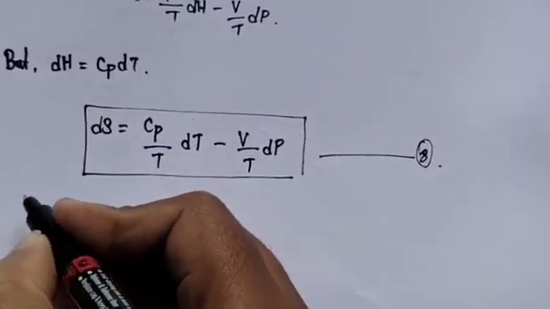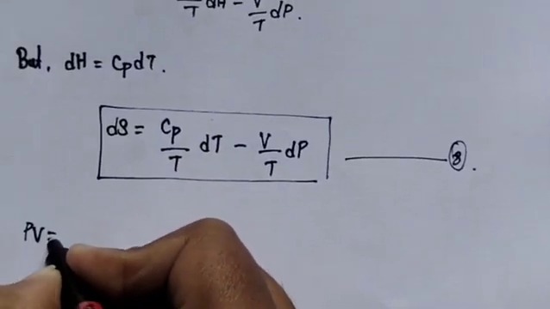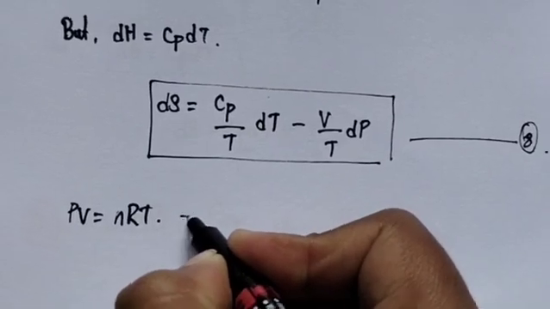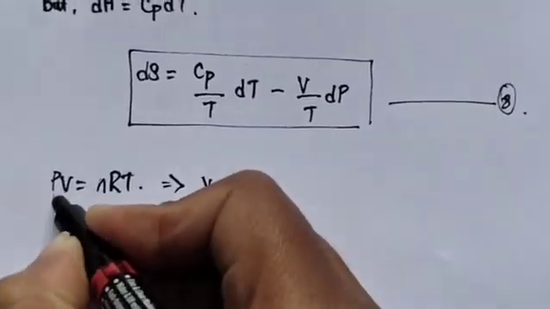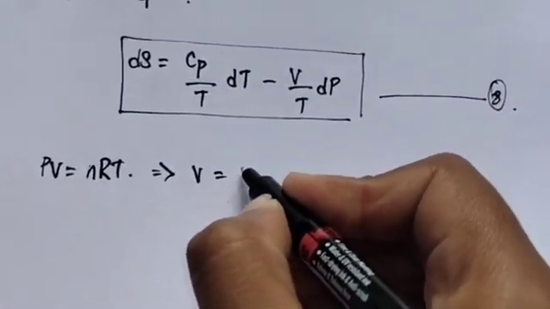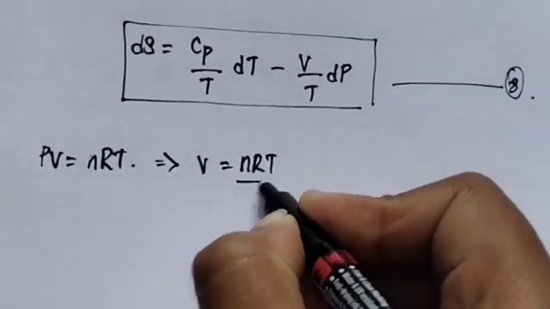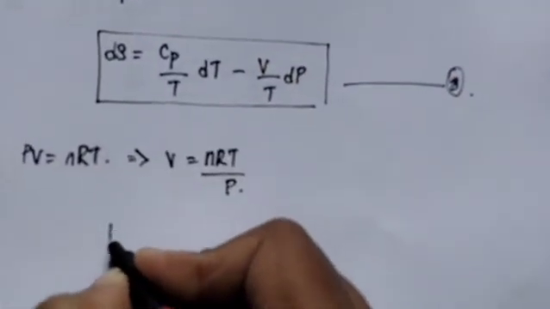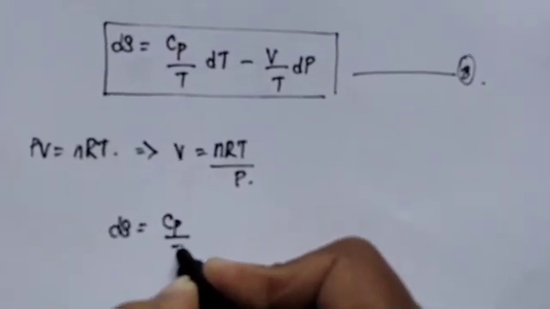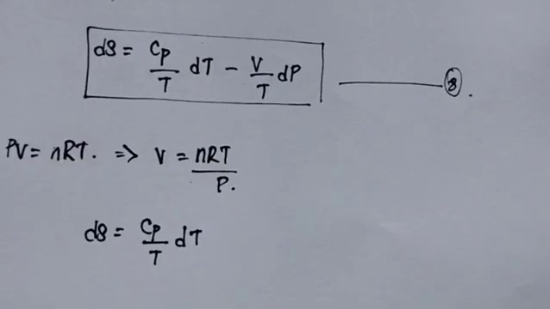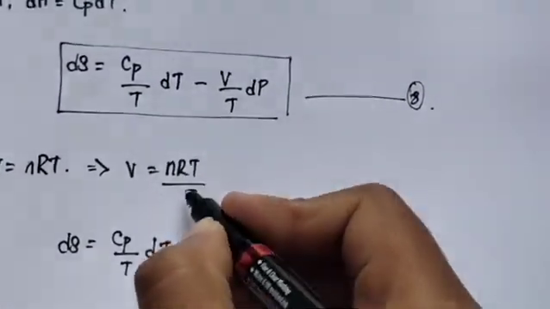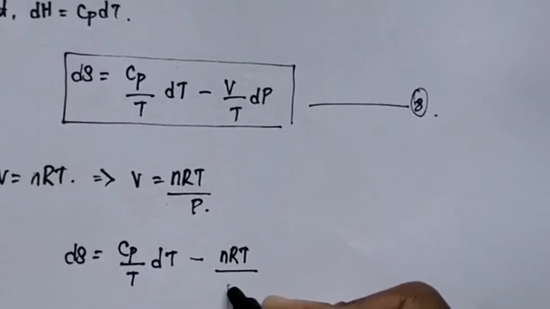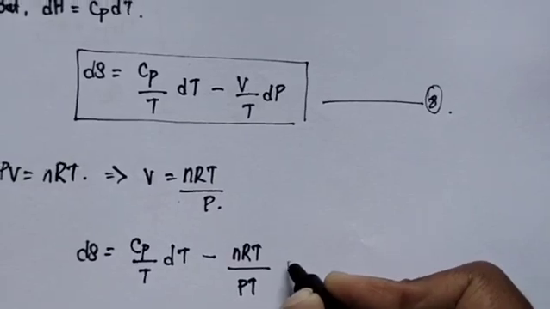We know that for an ideal gas, PV is equal to nRT. While taking the value of V, P will move to the right hand side, so it will become division. So V is equal to nRT by P. Substituting this in the above equation, we get dS is equal to Cp by T into dT minus nRT divided by P into T into dP.